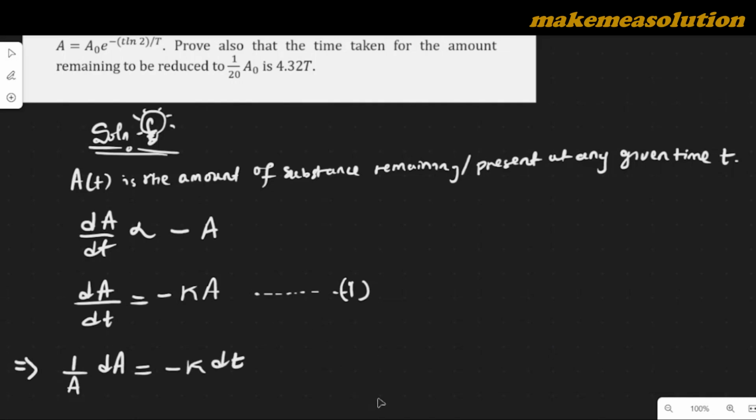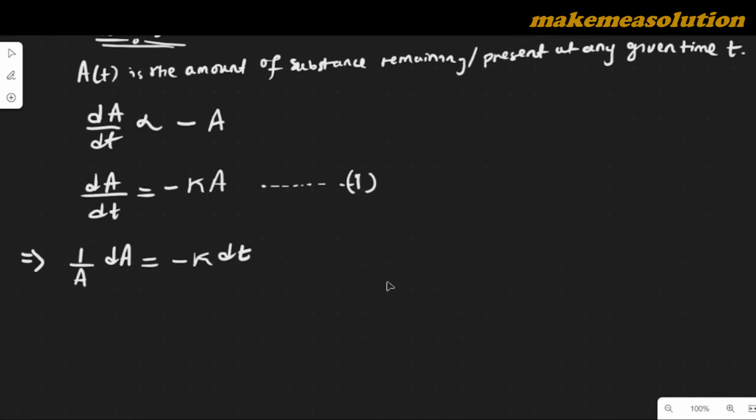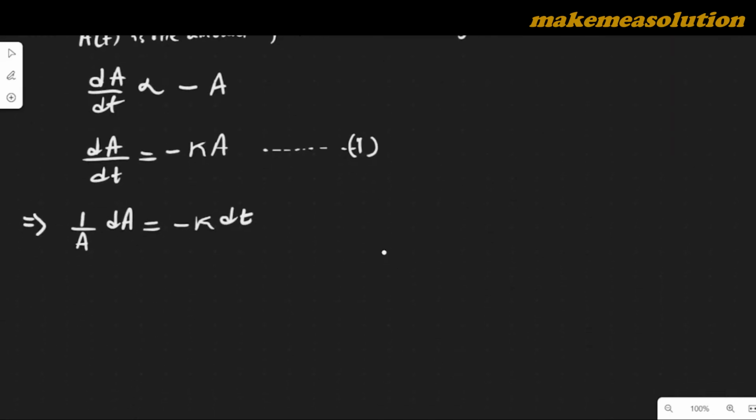Is that okay? So when you solve using variable separable, then you integrate both sides with respect to the prevailing variable for each side of the equality.